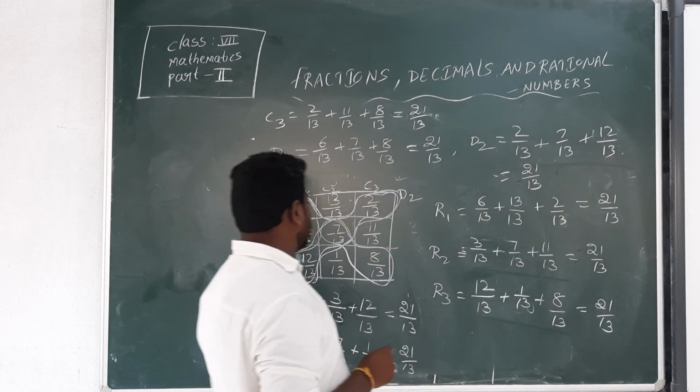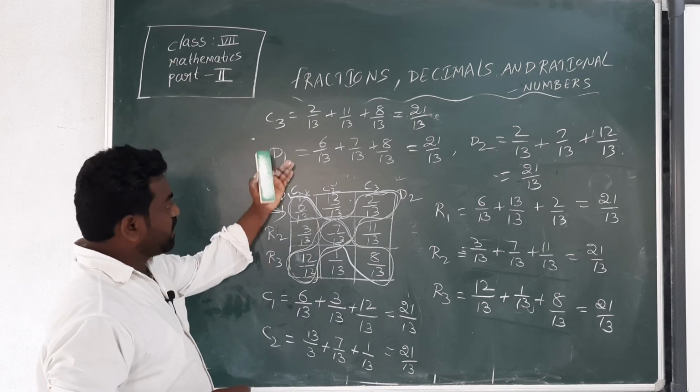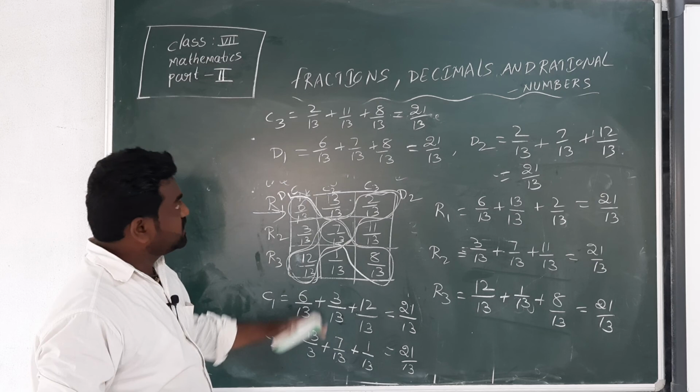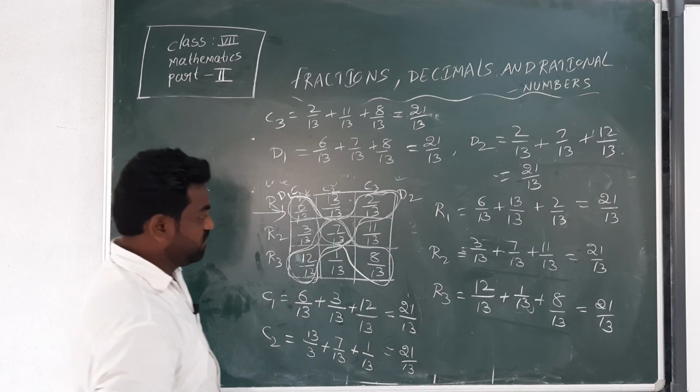Here we observe that R1, R2, R3 are the same values. Again columns C1, C2, C3 are the same values. Again D1, D2 are the same values.